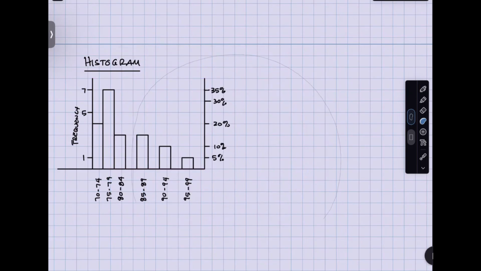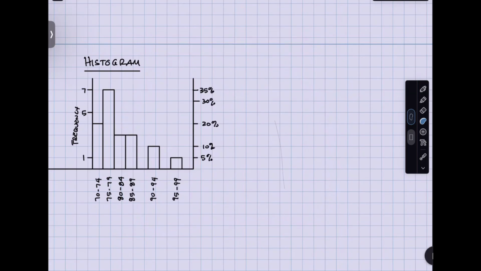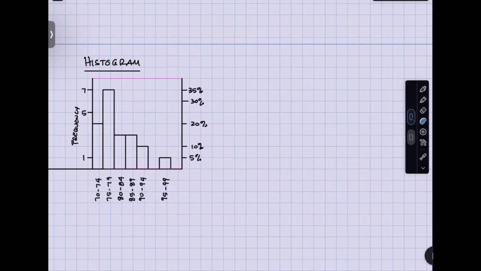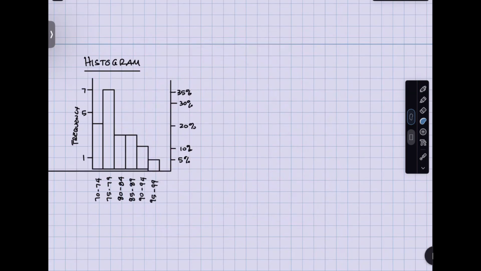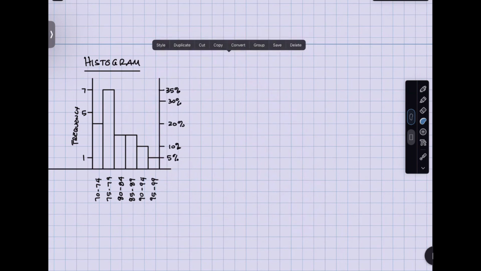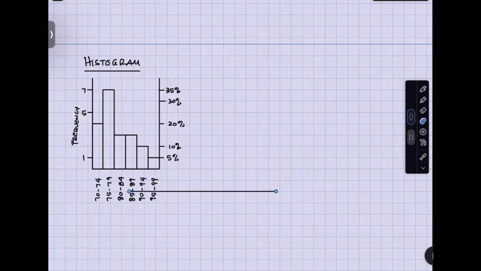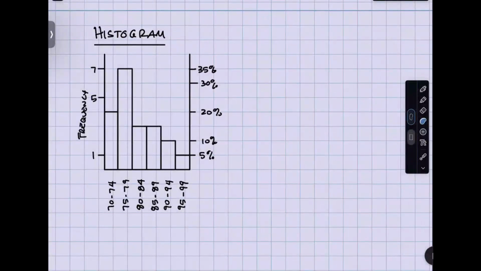Whoa. That's a histogram. Same drill. Actually, is this skewed to the left or is this skewed to the right? So what's the difference between a histogram and a line chart?